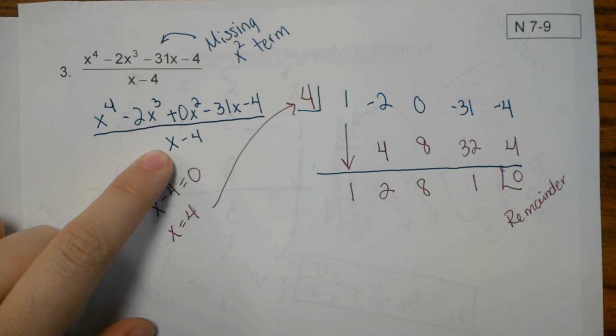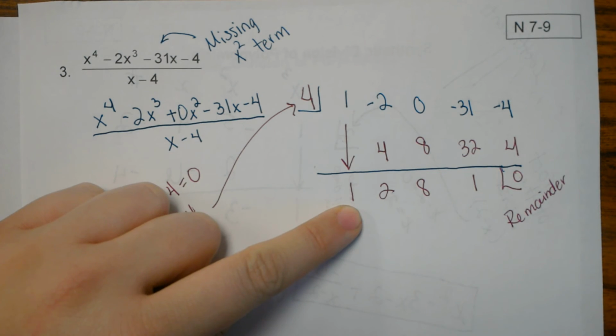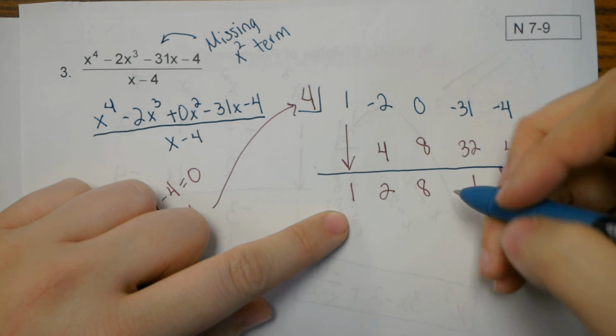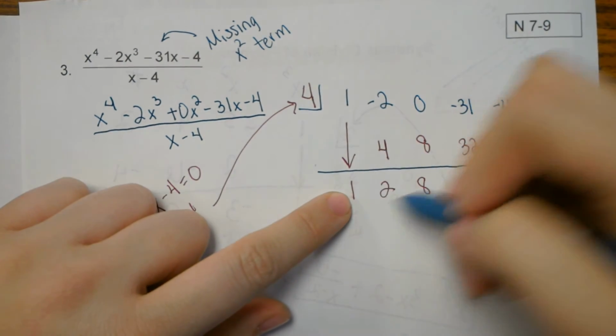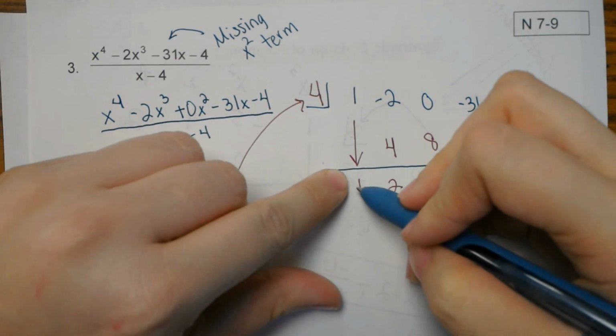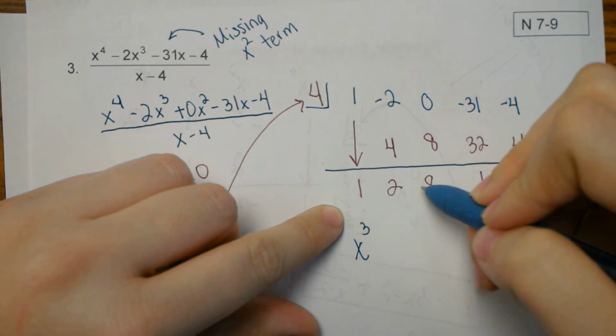And my coefficient was 1, and so I'm good. These are the coefficients of my answer. So I have x, oh, that's my constant. So my x term, my x squared, so that's my x cubed.